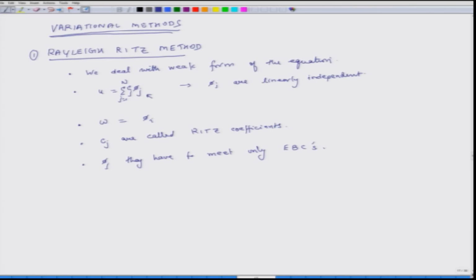We do not have to worry too much about the natural boundary conditions, because when we develop the weak form, the natural boundary condition automatically comes into the equation, and if its value is known, we just plug in those values in the equation.